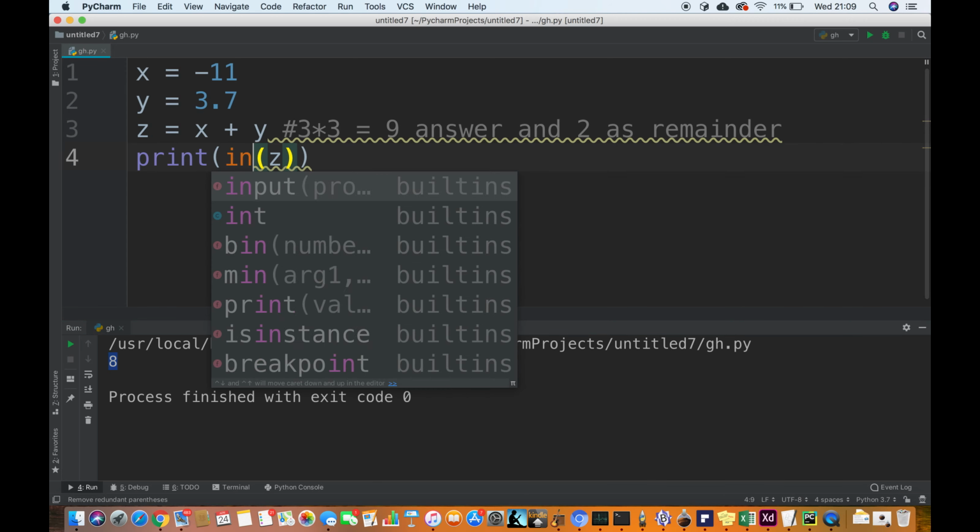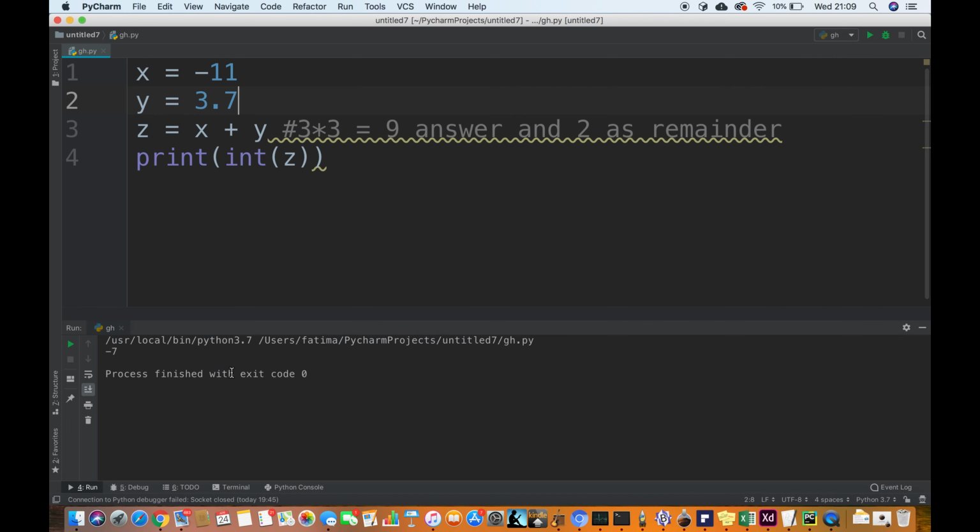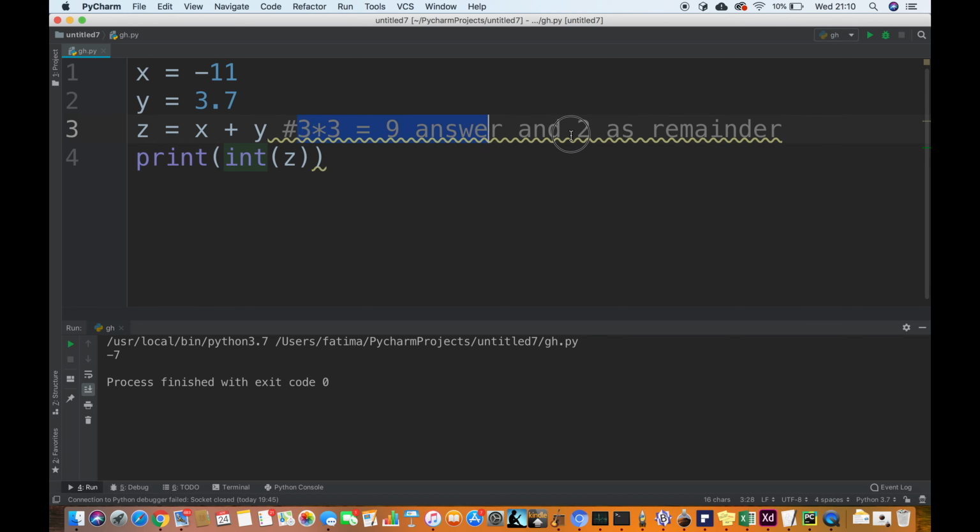3.7 here. I added int, short for integer, in front of z. So if I do the calculation, minus 11 plus 3.7, it should give me minus 7.3.